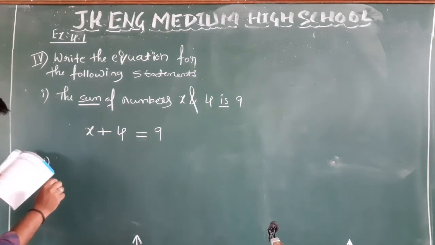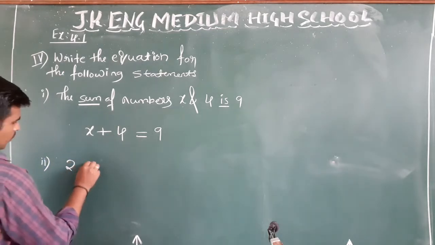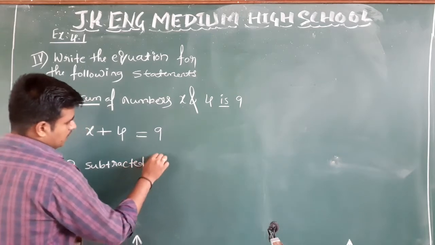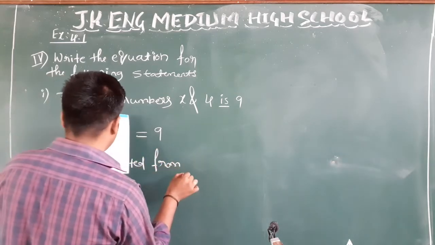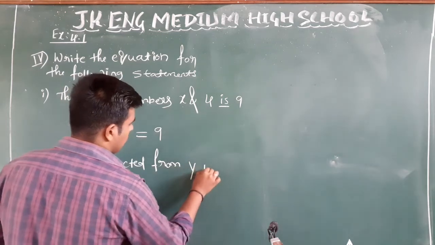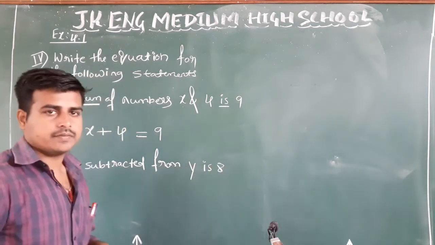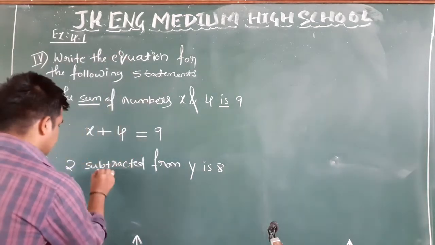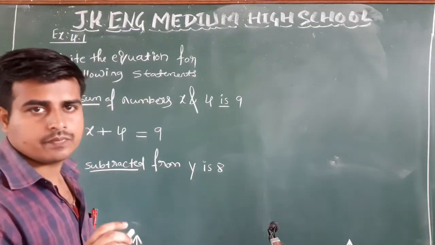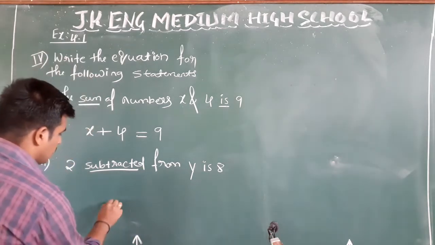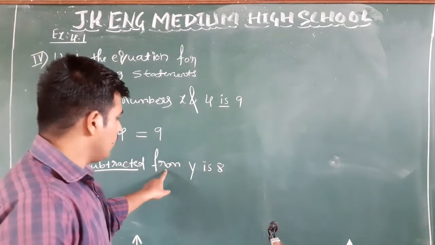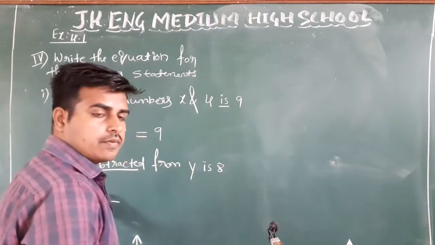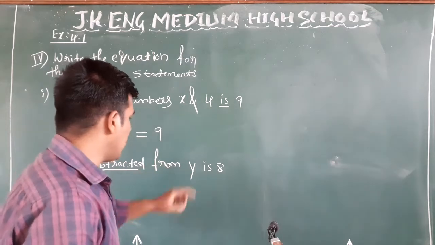2 subtracted from y is 8. Look here. 2 subtracted. Subtracted means minus. Okay. Minus operation. From, I told you, whenever from comes, from y, so this will come first. Right? From y.